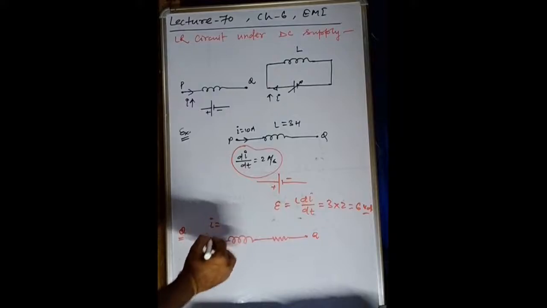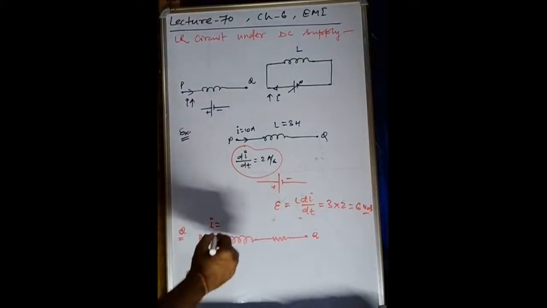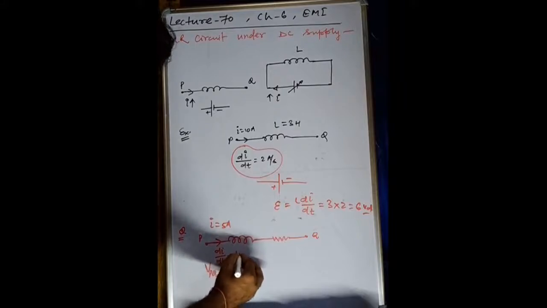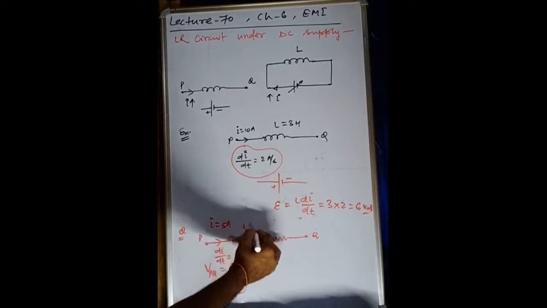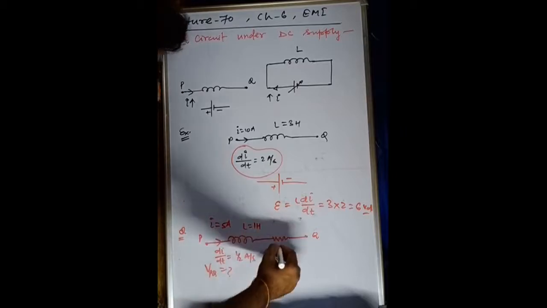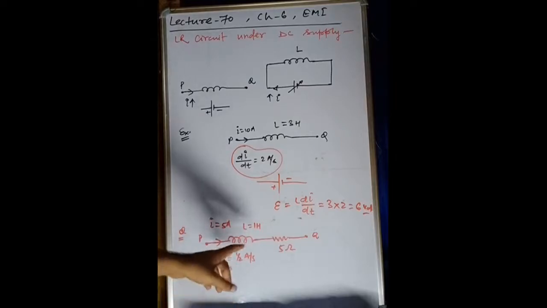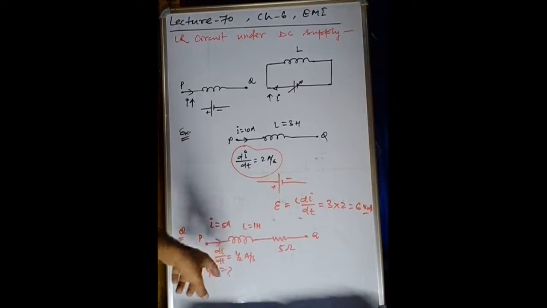The current at an instant is 5 ampere, and di by dt is 1 by 2 ampere per second, L is 1 Henry, R is 5 ohm. If you can, try to solve this question. What will be VPQ? Pause the video and try to solve it.